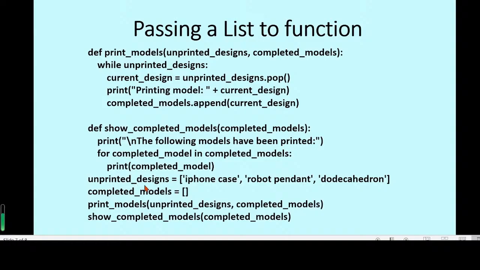One is unprinted designs with 3 elements. One is completed models with an initial empty value. Then we call printModels function with unprinted designs and completed models as input to the parameters. Then we call showCompleteModels with completed models as input.